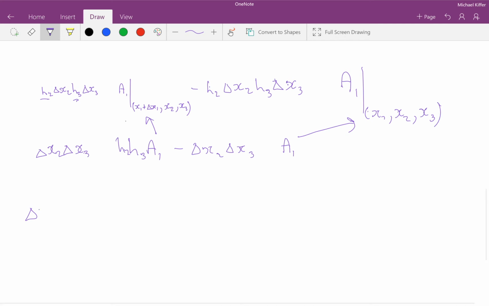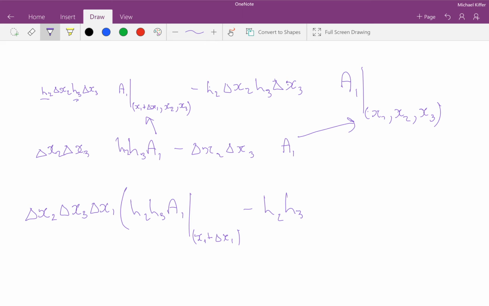So we're going to have delta x2 delta x3 delta x1 h2 h3 a1 evaluated at x1 plus delta x1 and x2 and x3, but we won't write that now just to save a bit of time, minus h2 h3 a1 evaluated at x1 and x2 x3, and we're going to divide by delta x1.